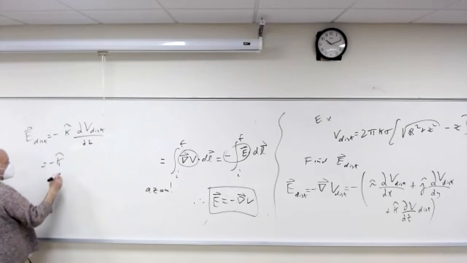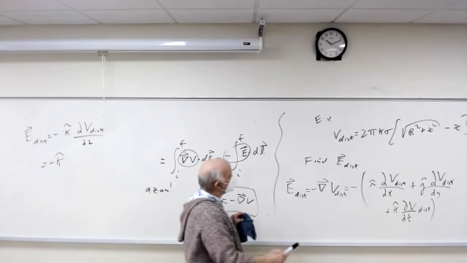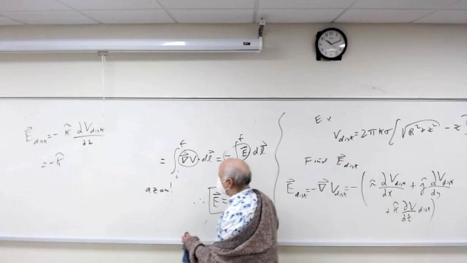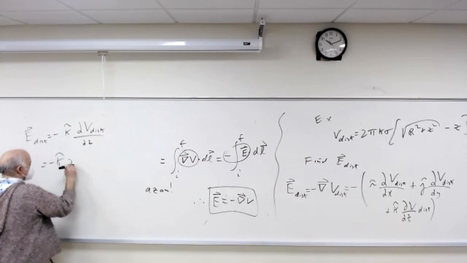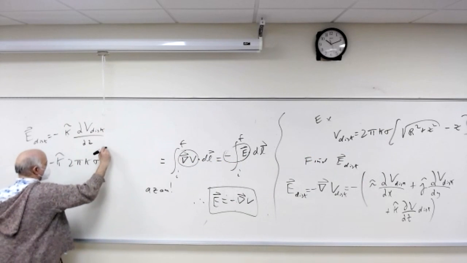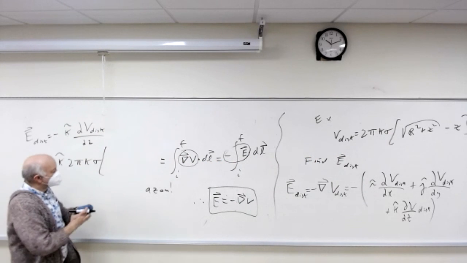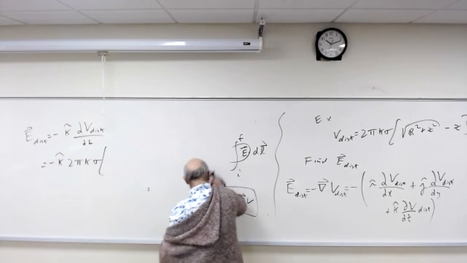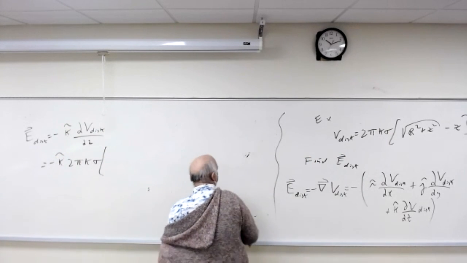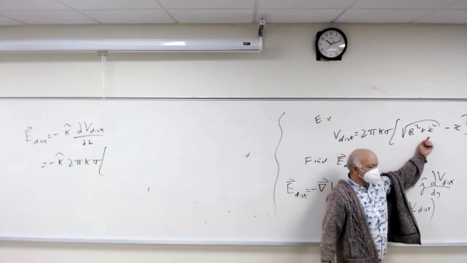This is minus k hat. All these are constants, so I can pull them out through the derivative. What is the partial of this with respect to z?